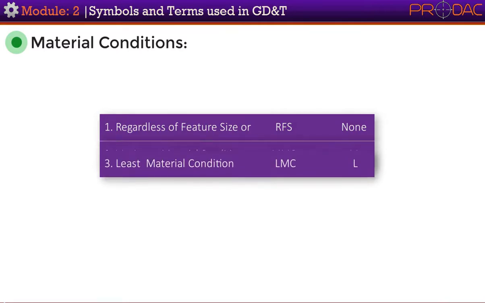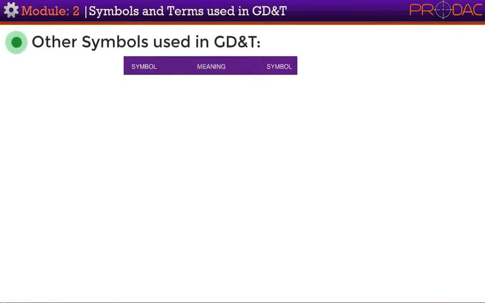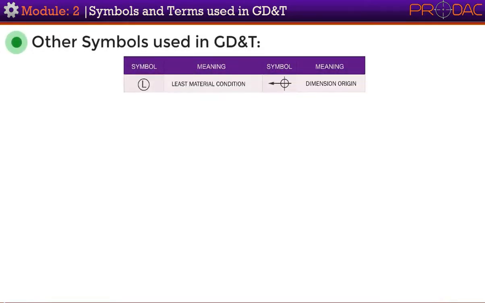Least material condition, also known as LMC. These are some of the other symbols used in GD&T.